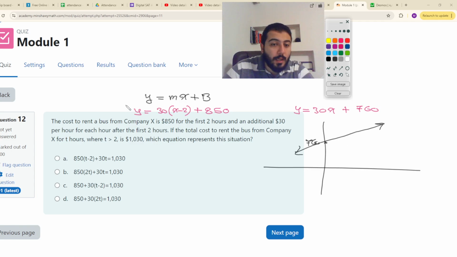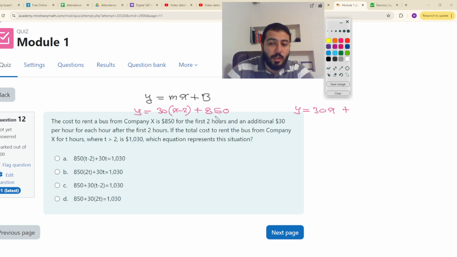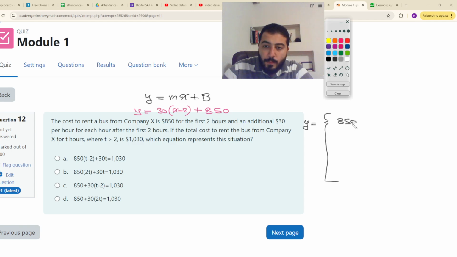But it cannot be like this in the real situation. So how do we write it in a real situation? In the real situation, you need to write it as a piecewise function or piecewise equation. So we will say y is equal to, if he will just use it for 2 hours, he will only pay 850, not just $30 per hour.